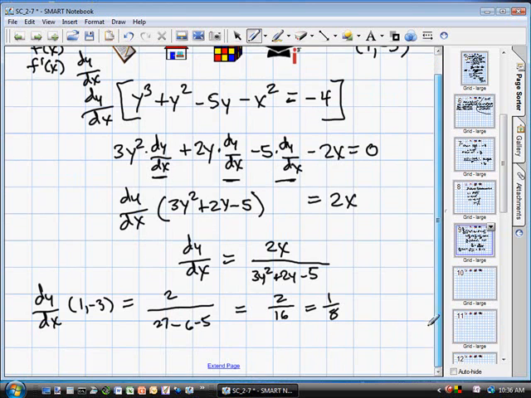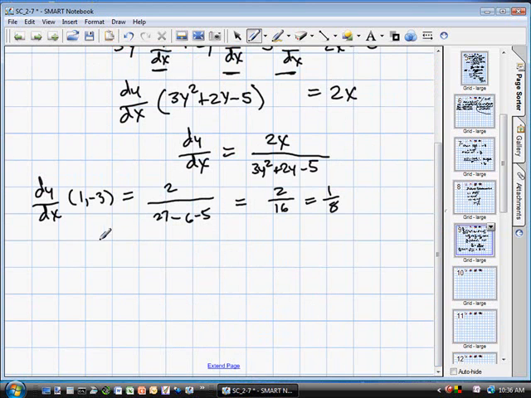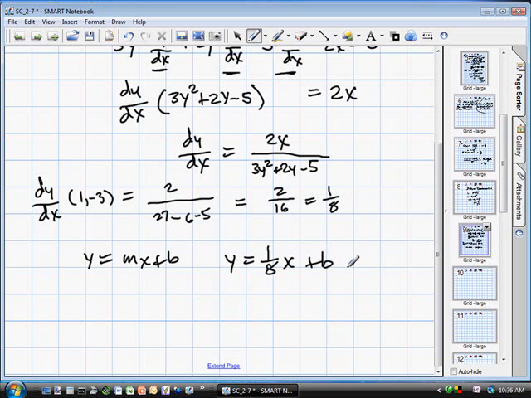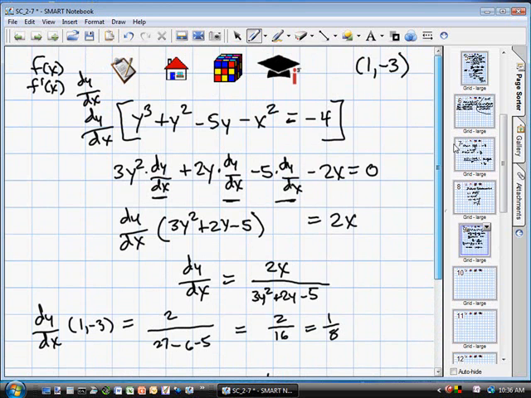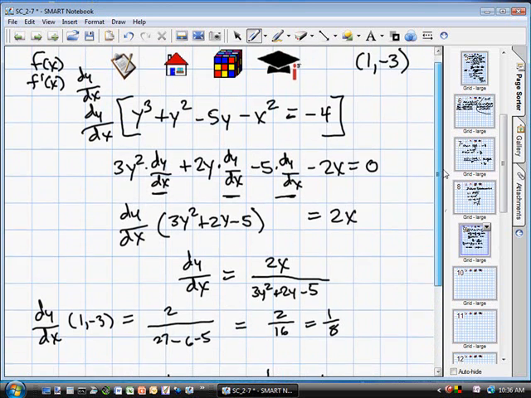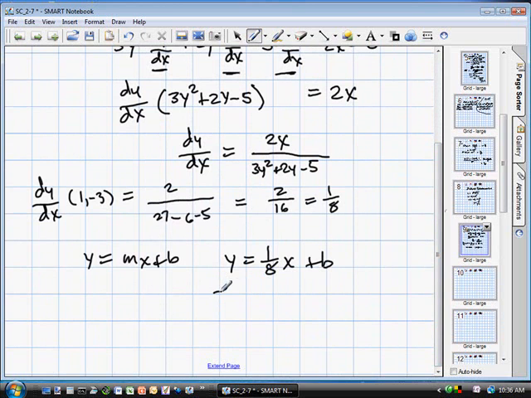You would set up a mx plus b form, where m is 1/8. And then, when you plug in your point, it's way up on top there, but I have to plug in that point (1, -3). And what do we have to do?